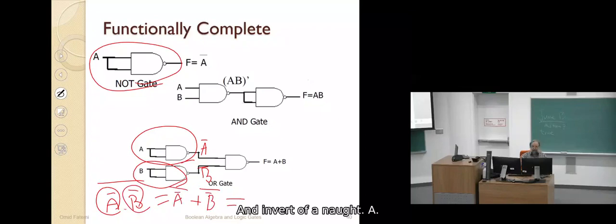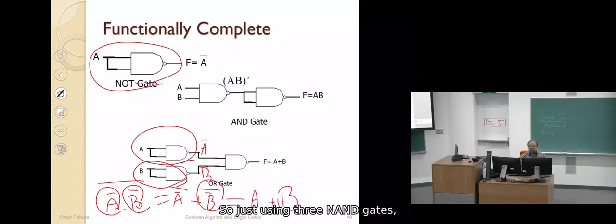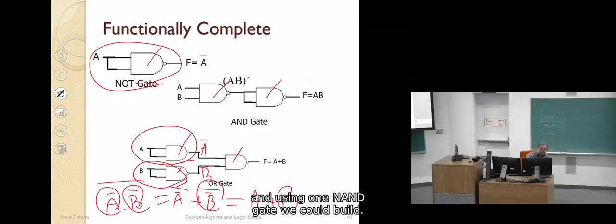And the invert of A naught is A, A naught NOT is A, and B naught NOT is B. So just using 3 NAND gates, we could build an OR gate. Using 2 NAND gates, we could build an AND gate, and using 1 NAND gate, we could build a NOT gate. Okay, so they are fine.